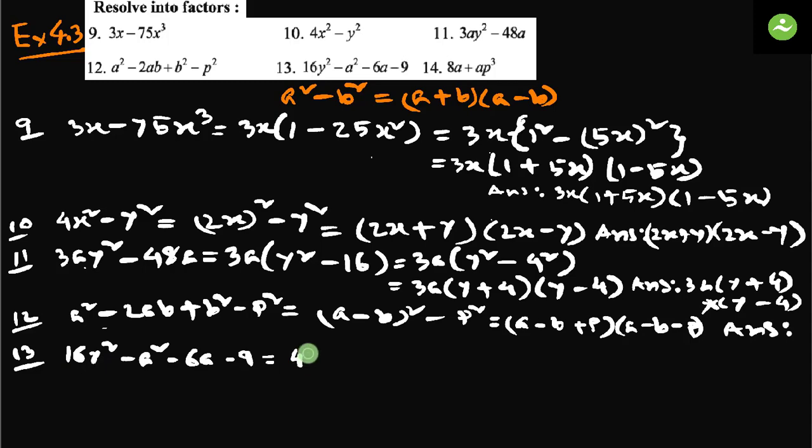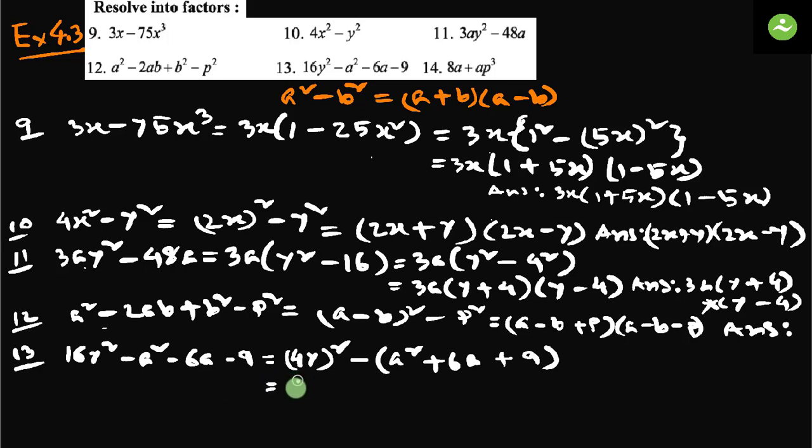So we can straightaway write 4y whole square, and the rest of it we put in a bracket and take the minus sign common: a square plus 6a plus 9.